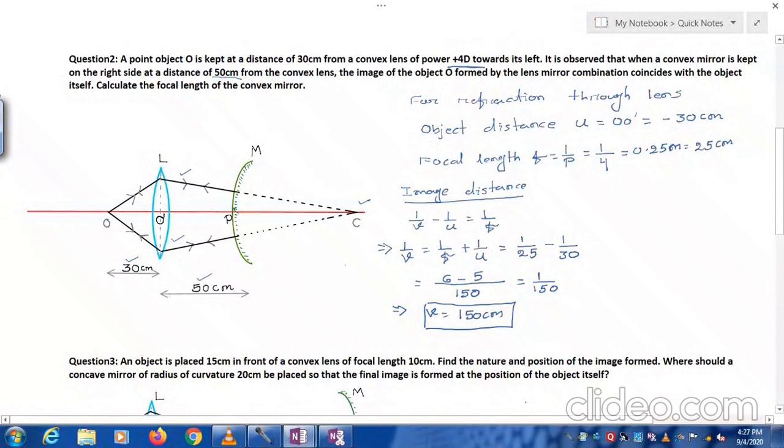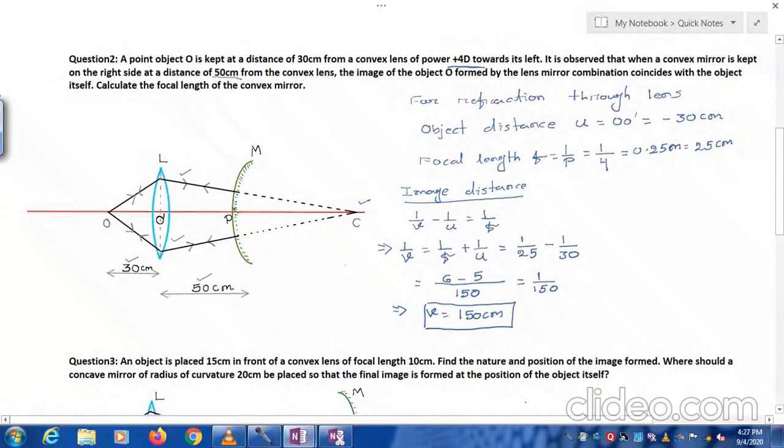And that will happen only when the object is a virtual object situated at the center of curvature of the mirror.